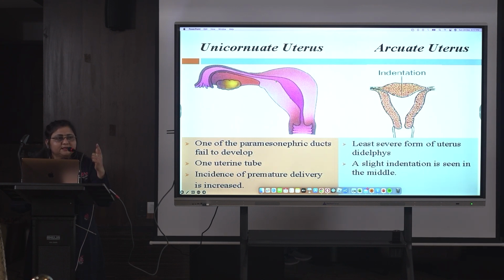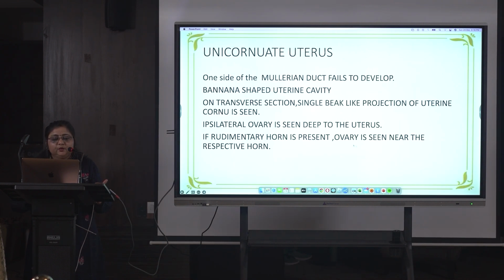So unicornuate uterus, as you told, has one fallopian tube, a single cavity, one ovary, and a banana-shaped cavity. One of the paramesonephric ducts fails to develop, so there is one uterine tube, and the incidence of premature delivery is high, which is why it is important to study this uterus. Arcuate uterus is a less severe form and slight indentation is seen. In unicornuate uterus, one side of the Mullerian ducts fails to develop, with a banana-shaped cavity and a single beak-like projection of the uterine cornu.